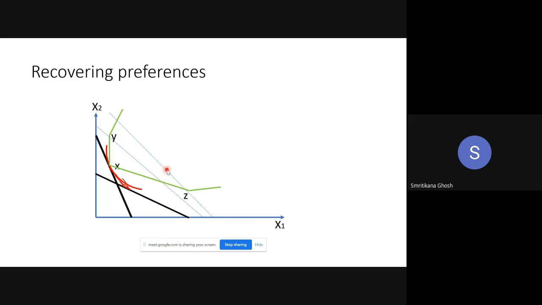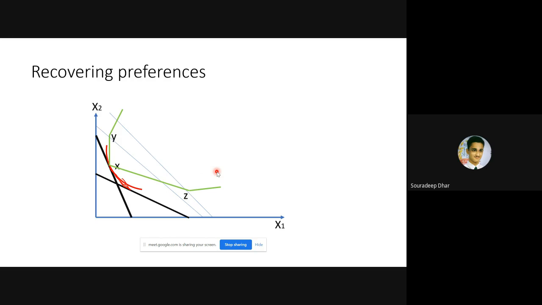Okay, but if y is preferred to x, then y should not be on the indifference curve which goes through x. Similarly, if z is preferred to x, then z should not be on the indifference curve which goes through x. Is it okay?